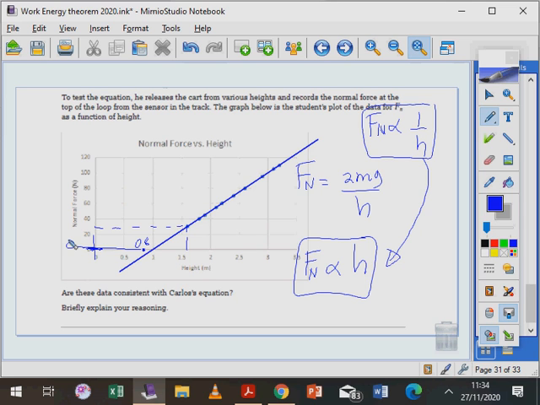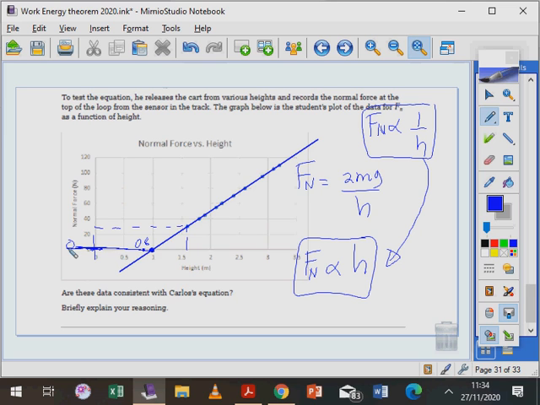Wait, but what is it trying to prove? What this is trying to prove to us is that at 0.8 there is no way he's clearing the track, because even at a height of 1 he has a normal force of 0, and that's enough for you to conclude, because if you have a normal force of 0 you are in free fall, weightless.